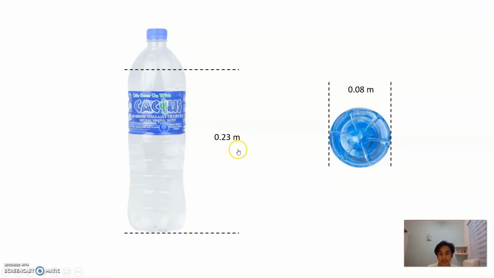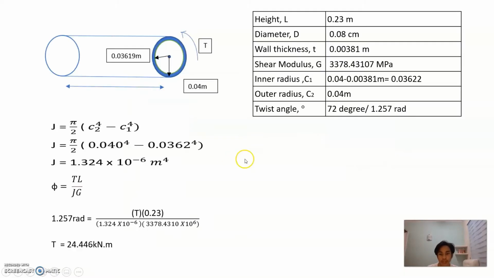We move on to the next part. In this case, we will try to measure the torsion of the plastic bottle that has been twisted. Before that, we will find the value of J, which represents the polar moment of inertia.